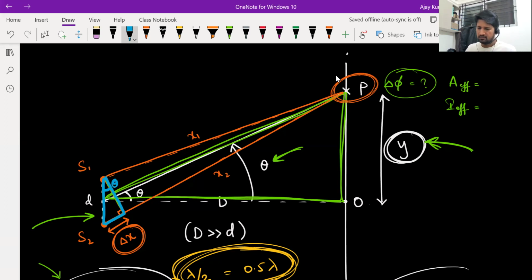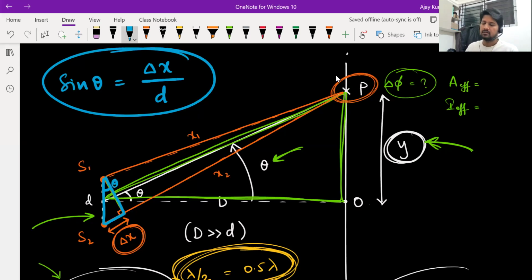Then apply simple trigonometry for that triangle. Sin theta becomes opposite side, the path difference, divided by hypotenuse, the actual distance between the sources. That's all. This is the proper formula for the angular position at which you expect a certain path difference.